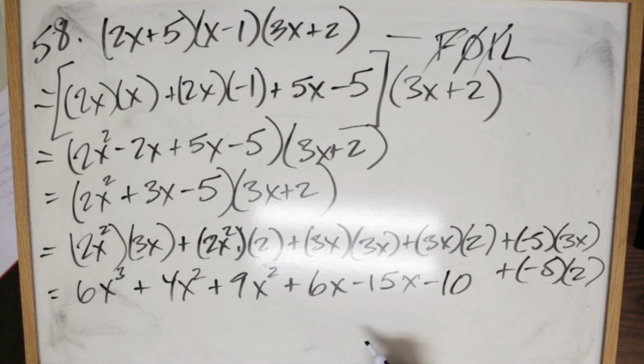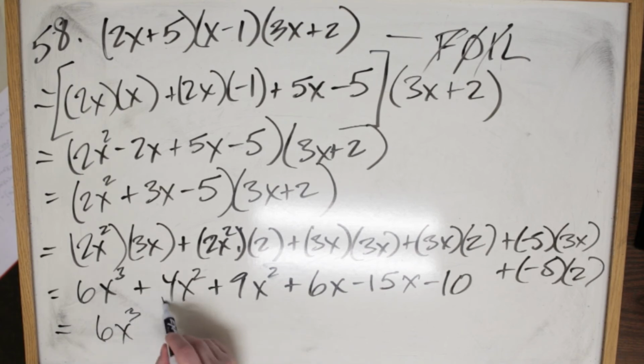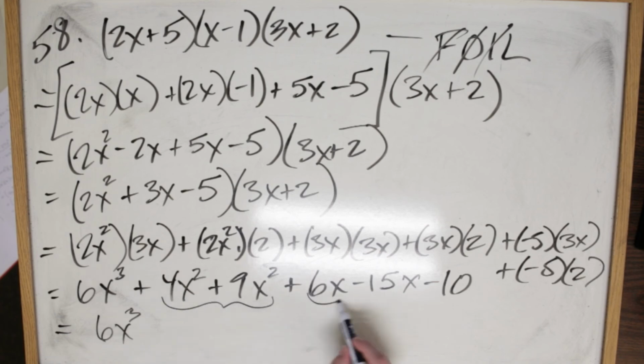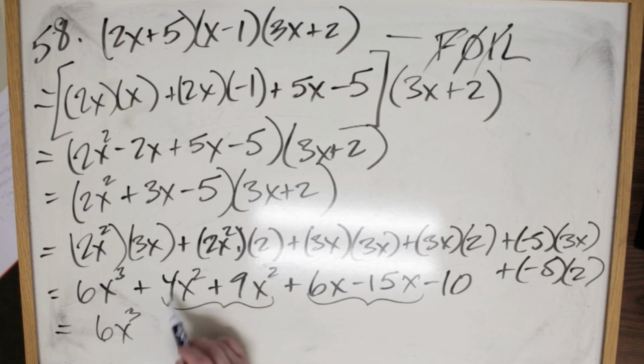Okay. We're almost there. I told you this is a long one. 6x to the third. And now I'm going to combine my like terms, which is going to be this guy and this guy. 4x squared plus 9x squared, so I have 9, 10, 11, 12, 13. In case you're curious, yes, I still use my fingers.